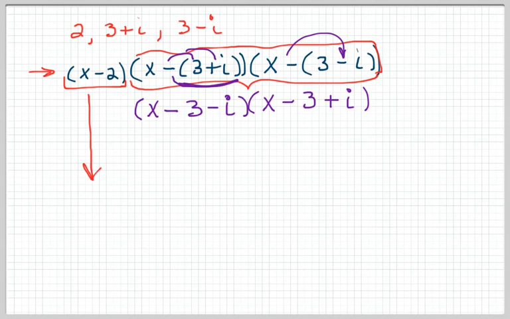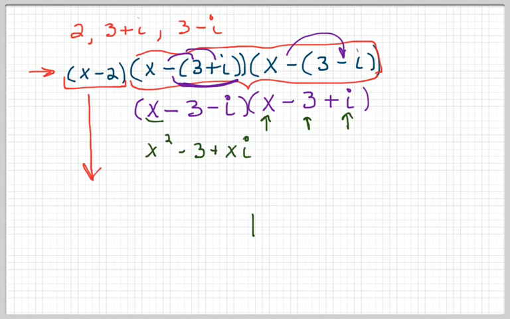Alright, so let's continue on. Now we're going to distribute this x to each one of the terms in the right-hand polynomial there. So we take x times x and we get x squared. Take x times negative 3, we get negative 3x, and x times positive i, and we get xi.